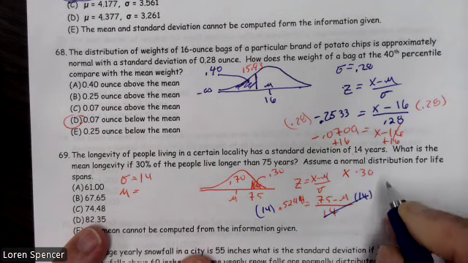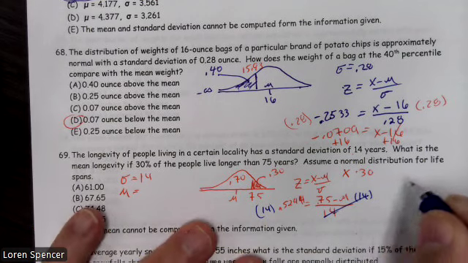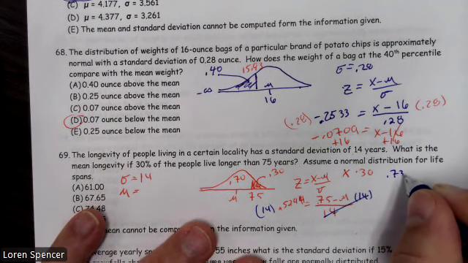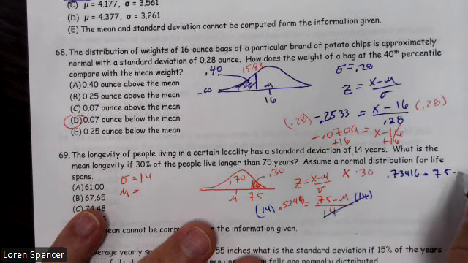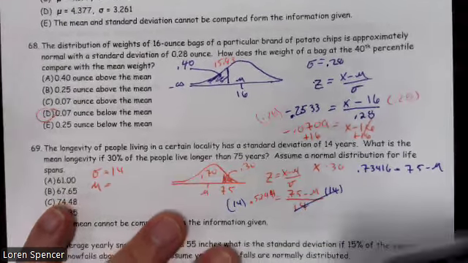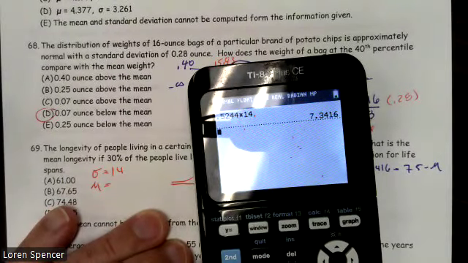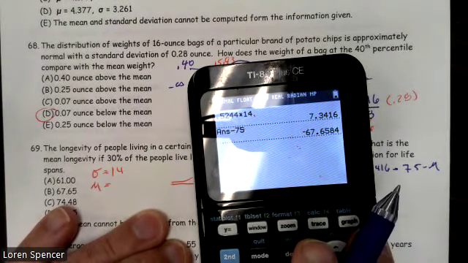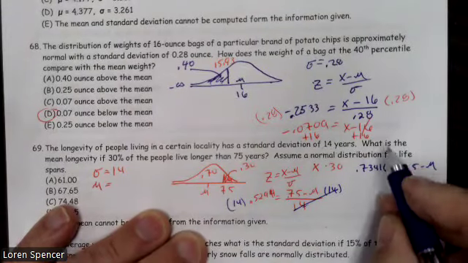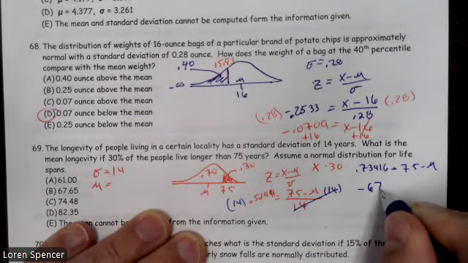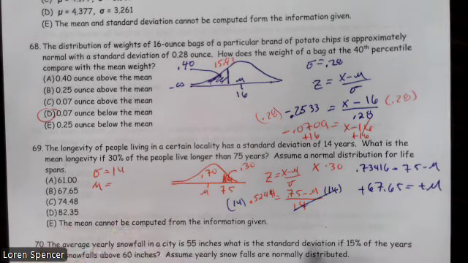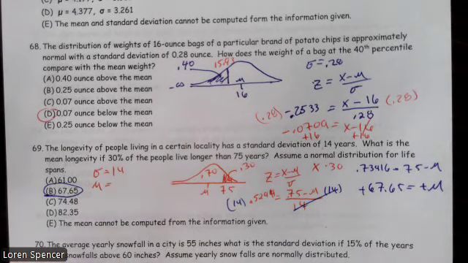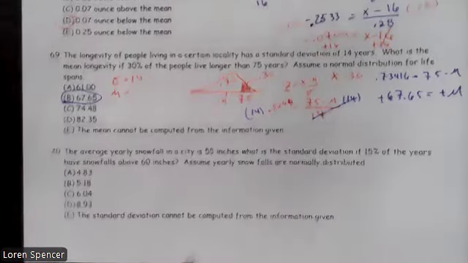So this went away. So we have 7.3416 equals 75 minus the mean. Subtracting 75, I get negative 67.65 equals a negative mean. Multiplied by negative 1, they both become positive. Answer choice is B.